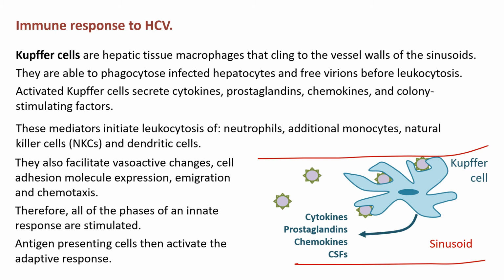And from that you can see we've got all of the phases of a normal innate response being stimulated. We then have the potential to create antigen presenting cells once these phagocytes have phagocytosed, that can then go off and activate the adaptive response against, specifically, HCV.